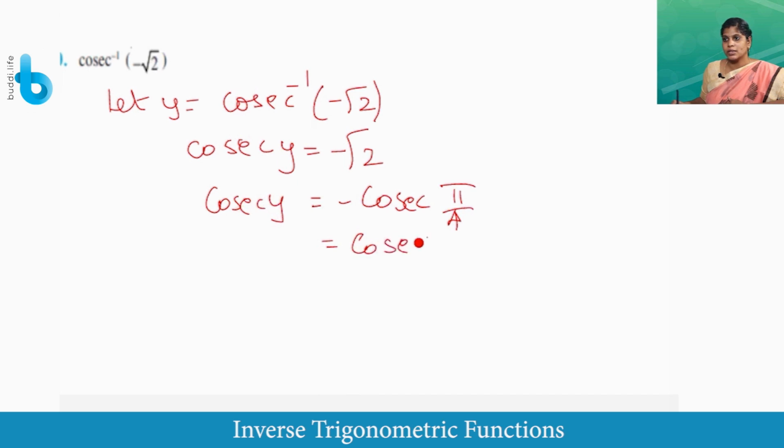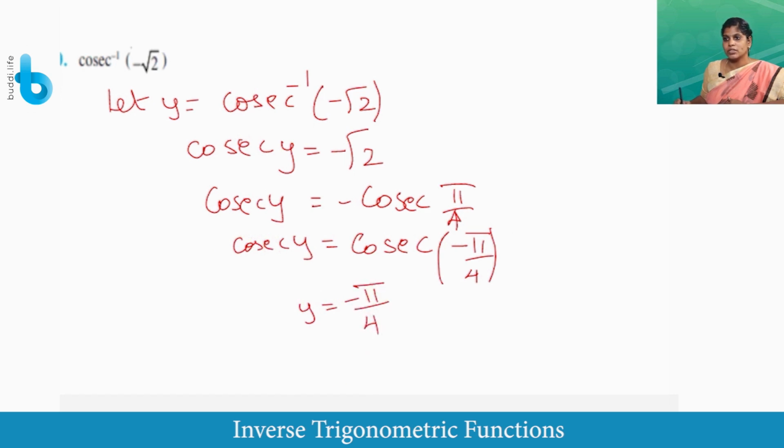So cosecant of minus pi by 4. This is not applicable for cos and secant only. Therefore y equal to minus pi by 4.